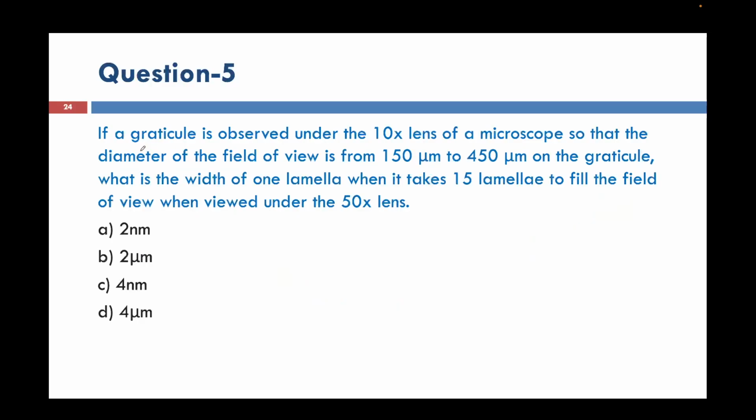So here it is a numerical question. If a graticule is observed under a 10x lens of a microscope, so that the diameter of the field of view is from 150 micron to 450 micron on the graticule, what is the width of one lamella when it takes 15 lamellas to fill the field of view when viewed under a 50x lens?